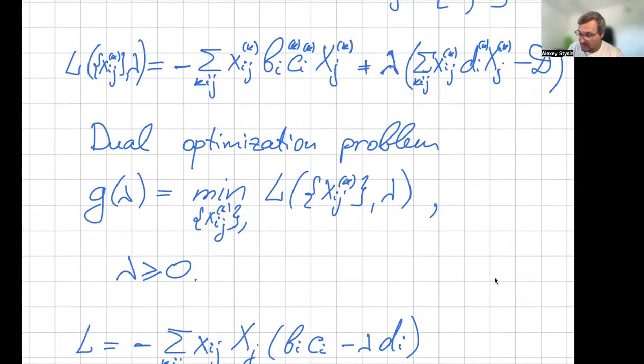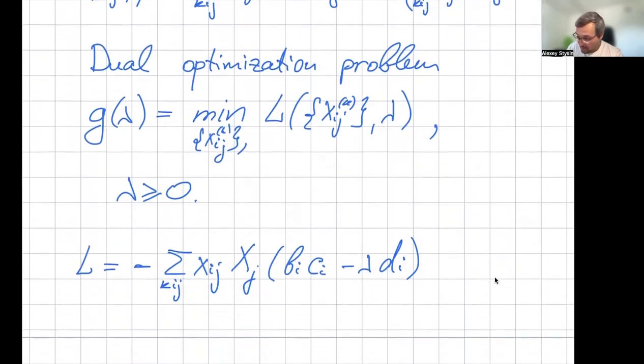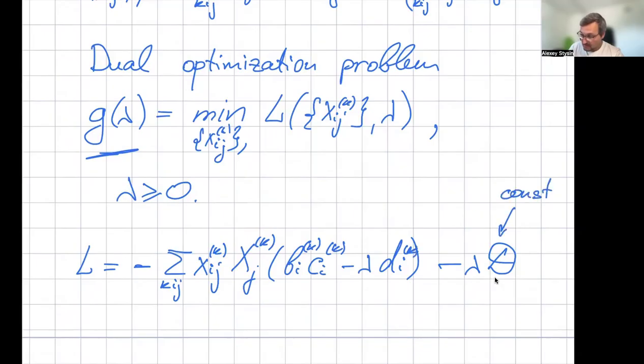And then the remaining term is going to be minus lambda capital D, but for the purposes of minimizing this expression with respect to the xij's, which is what we want to do to derive the dual function, this thing is constant with respect to xijk.